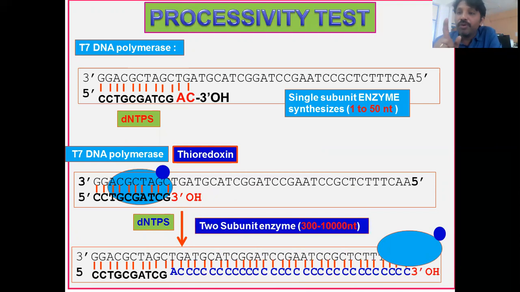So the two subunit enzyme, T7 DNA polymerase and thioredoxin, has a high processivity, meaning it can add a minimum of 300 nucleotides to thousands of nucleotides for one association. So the enzyme binds to the primer and template complex, adds the nucleotides, then dissociates. So how many nucleotides are added for one association with the template and primer complex, that tells you the processivity or speed of the enzyme.